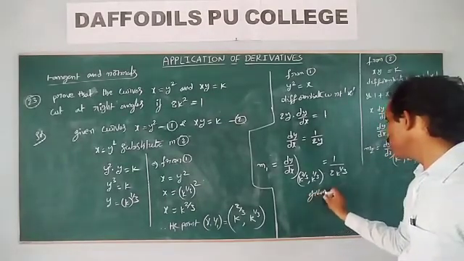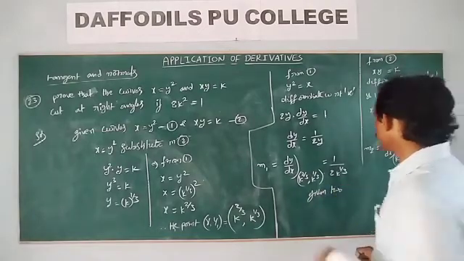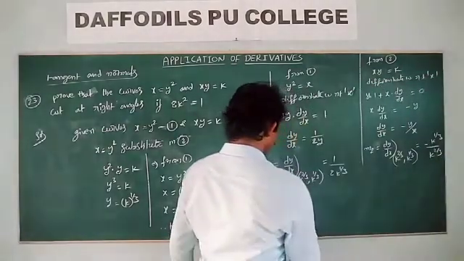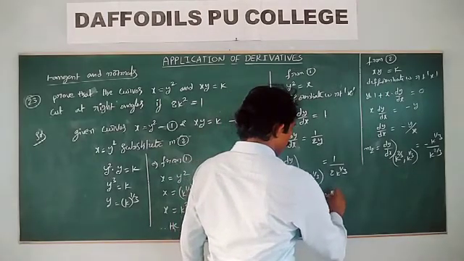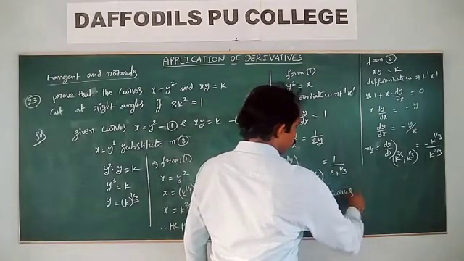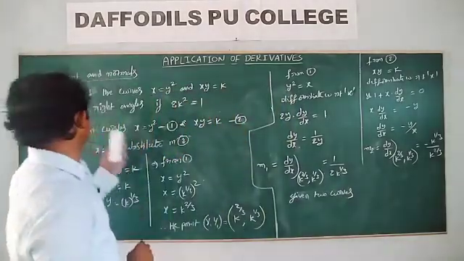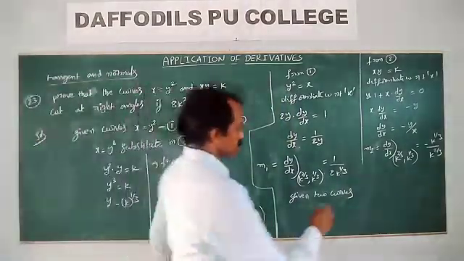So what is given? Given two curves cut at right angles.